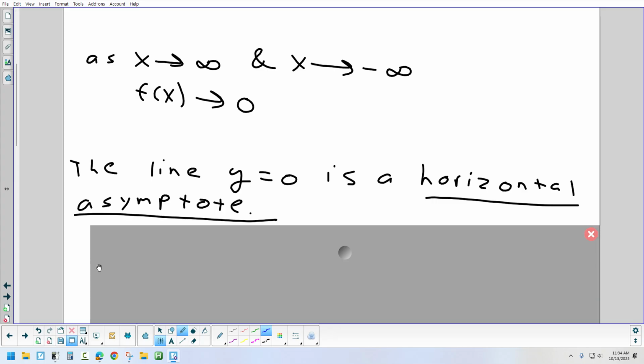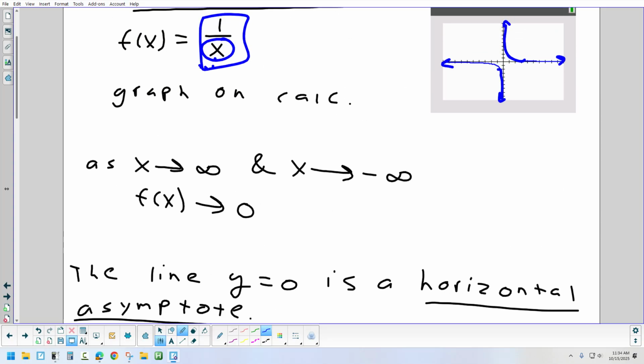When you have a graph that never reaches a certain value, but it just keeps getting closer and closer to it, that value that it gets closer to is called an asymptote. And in this graph, y equals 0 is a horizontal asymptote.